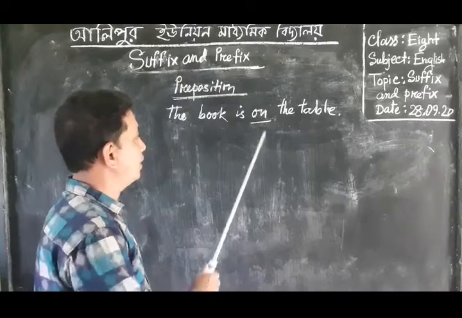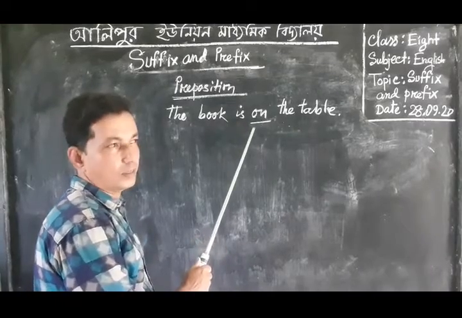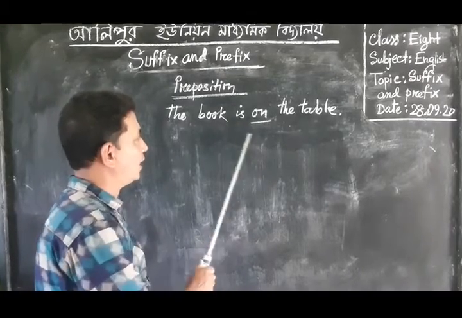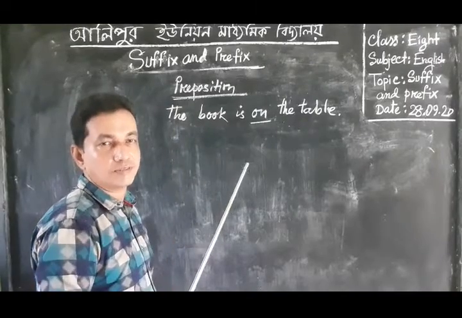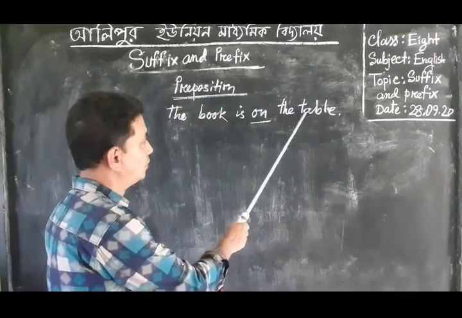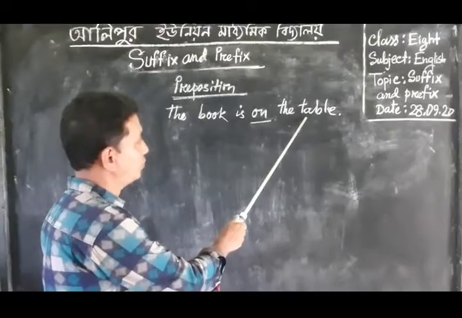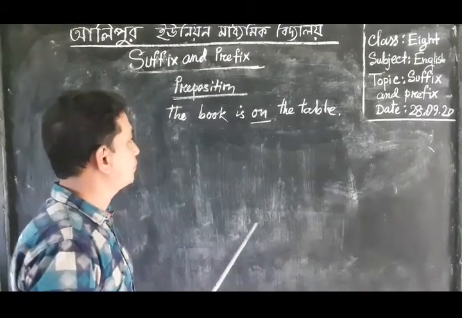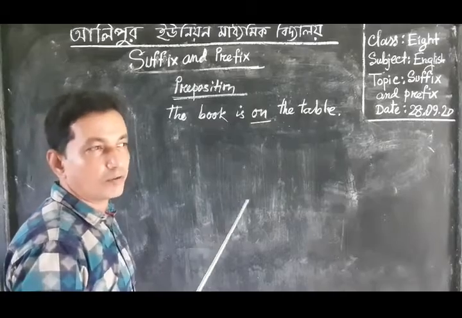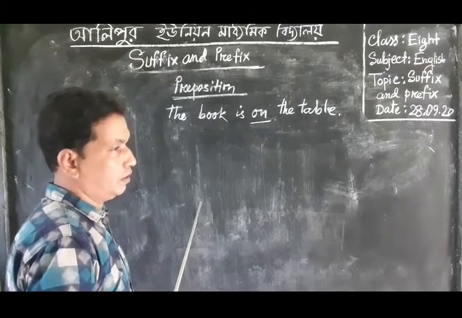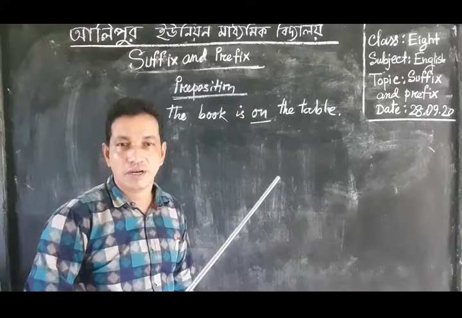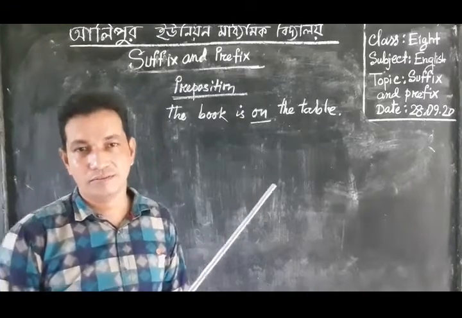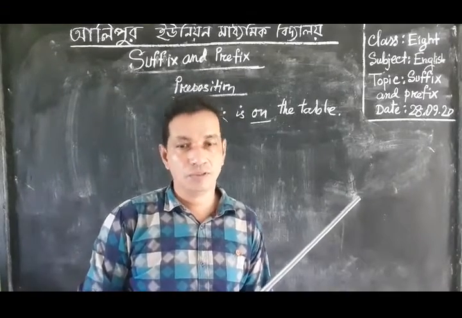Dear learners, it joins the noun with another part of speech in the sentence. Such as on the table, it joins the table with the book. Preposition is a very little word, but it is a very difficult area in English grammar. And in my previous class, I taught you about this item.